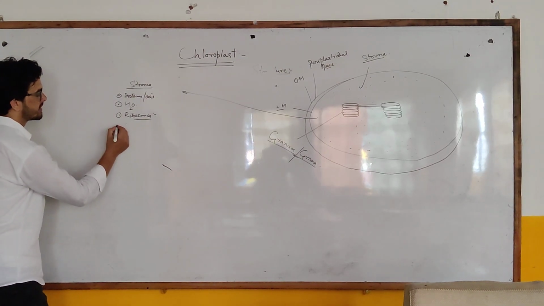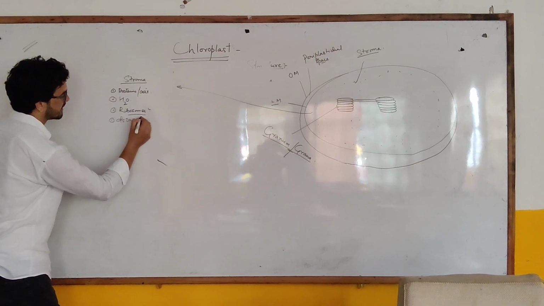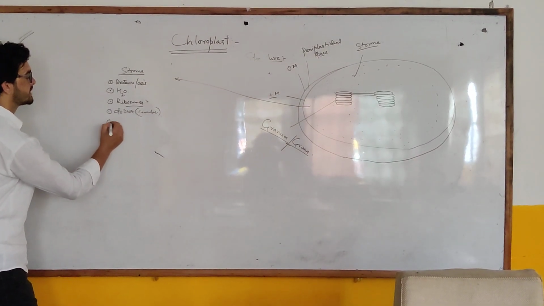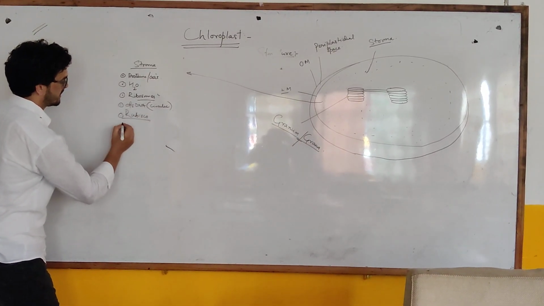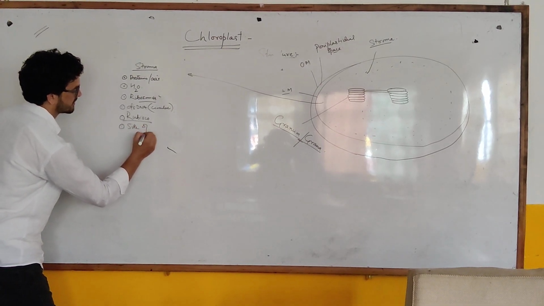It shows the presence of double-stranded circular DNA. It shows the presence of RuBisCO, and it is said to be the site of dark reaction.